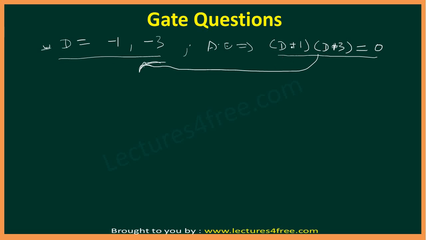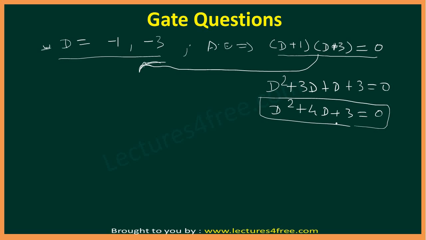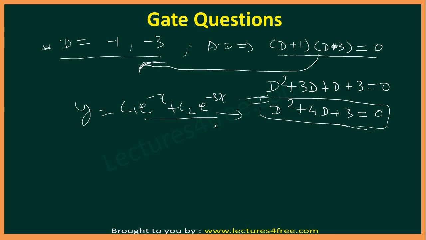Now simplify it: D square plus 3D plus D plus 3 is equal to 0, or you can write D square plus 4D plus 3 is equal to 0. So this is your auxiliary equation. This auxiliary equation you got from the solution given, y is equal to c1 e to the power minus x plus c2 e to the power minus 3x.